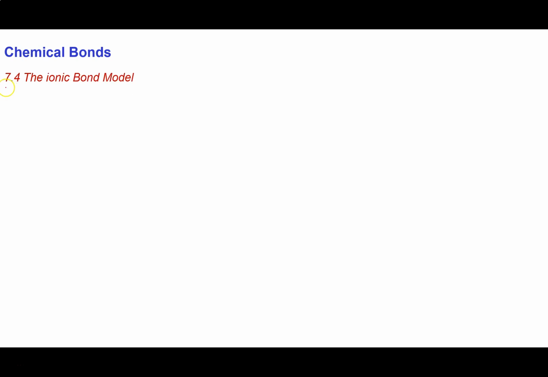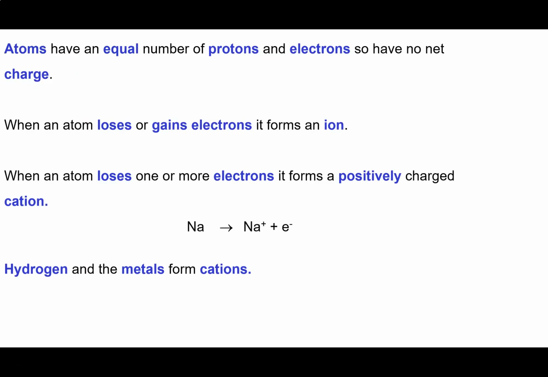Okay, so now we're going to apply the octet rule to see how it comes into play in the formation of ionic bonds. So it's important to realize that atoms have an equal number of protons and electrons. And so as a result, because protons are positive and electrons are negative, they have no overall charge.